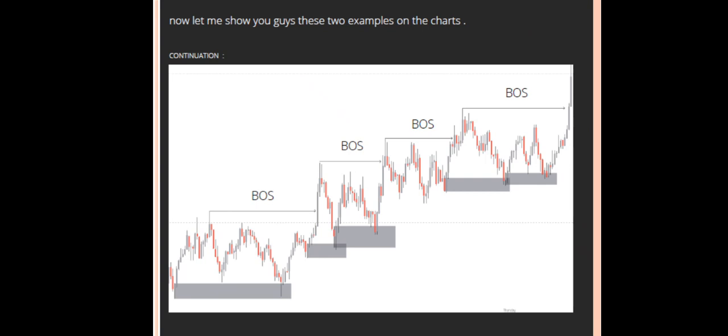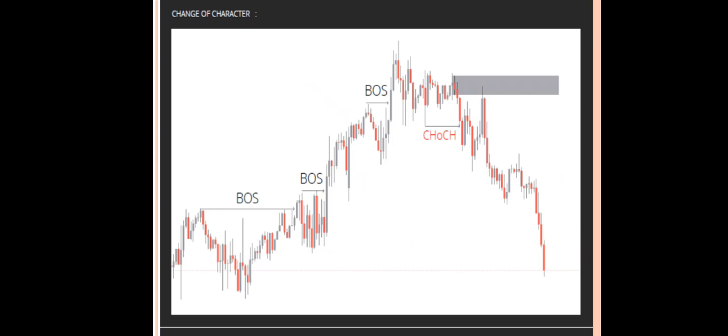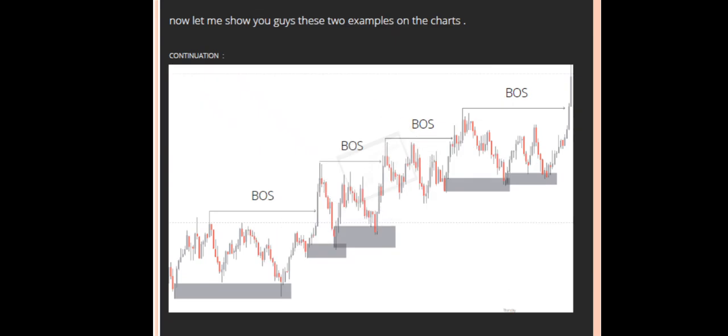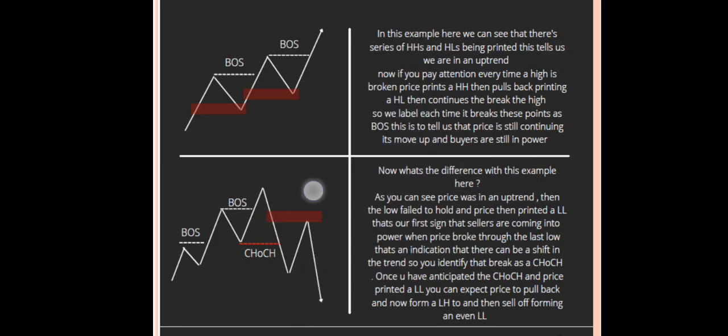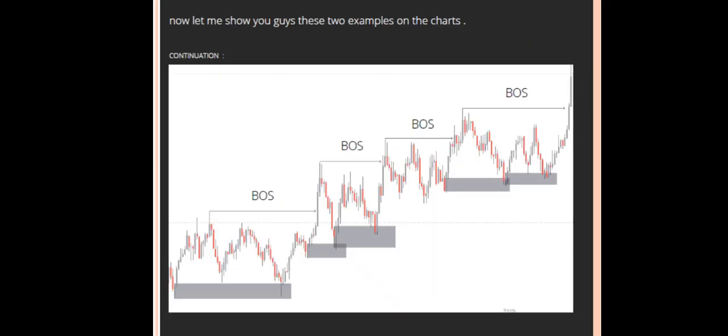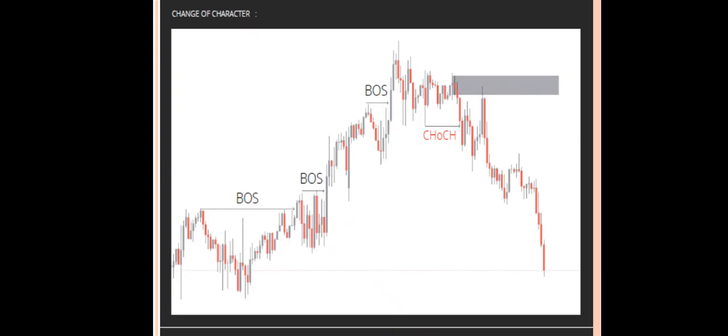Now let me show you an example of a change of character on a chart. If you check here, this price was moving in an uptrend, breaking structure, but guess what? This low failed to hold. And the moment this low failed to hold, we see price taking out the lows and then creating a change of character.